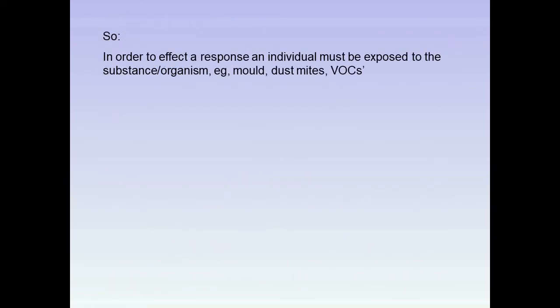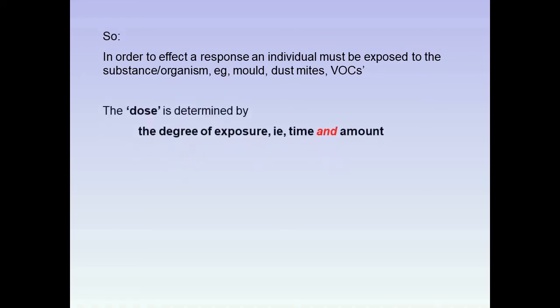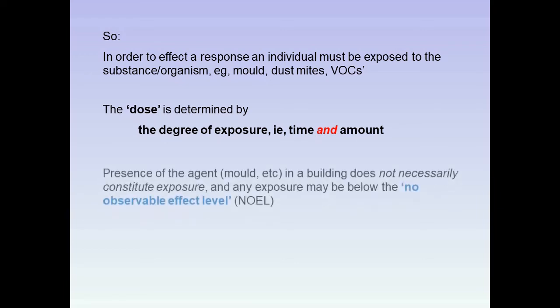So in order to effect a response, an individual must be exposed to the substance or the organism, such as in a house, mould, dust mites, volatile organic compounds, all kinds of stuff that one finds in the domestic environment. And the dose is determined by the degree of exposure, that is, time and amount.